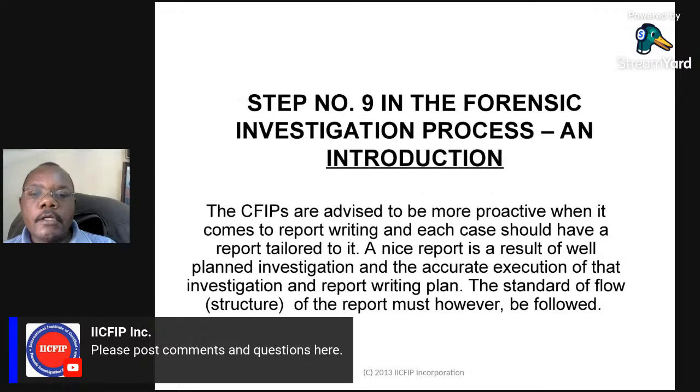and it is on the final step. That is step number 9 in the forensic investigation process. And this is just an introduction.